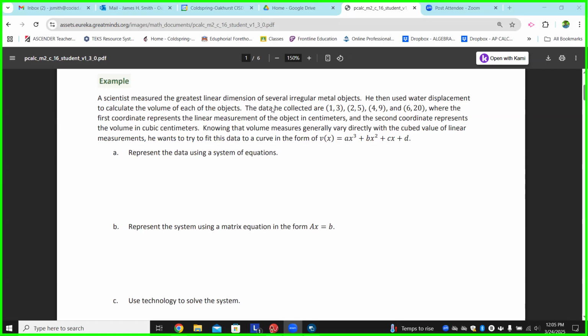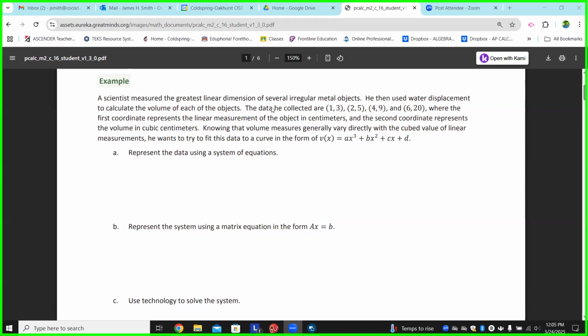X and Y. All right, keep that in the back of your mind. Where the first coordinate represents the linear measurement of the object in centimeters, and the second coordinate represents the volume in cubic centimeters. Knowing that the volume measures generally vary directly with the cube value of linear measurements, he wants to try to first fit this data to a curve in the form of this.